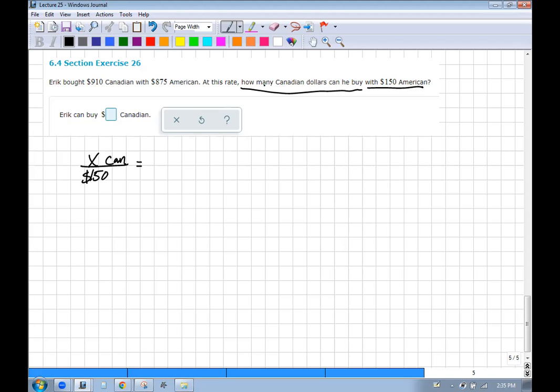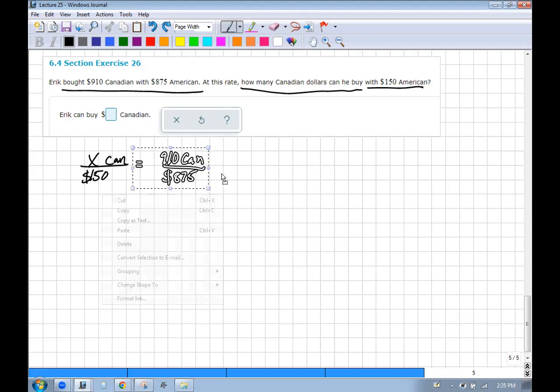We're looking at the ratio of Canadian to American, and over here they give us the ratio of Canadian to American. I see that 910 Canadian over 875 American. I'll just use the dollar sign for American. That way the X is really where I want it to be.